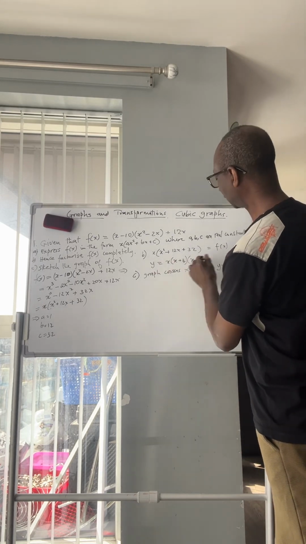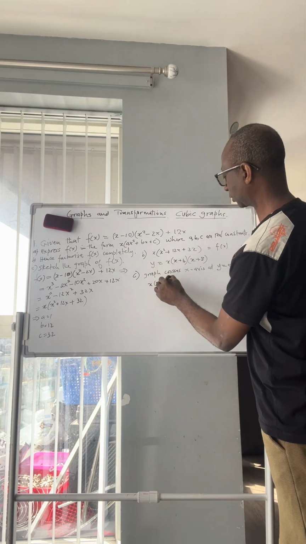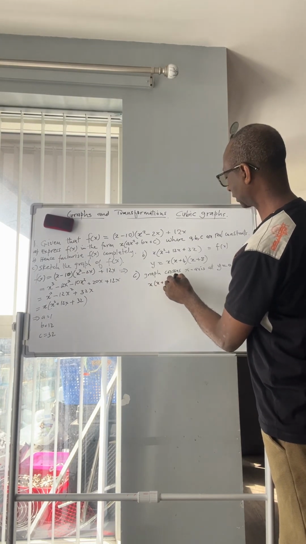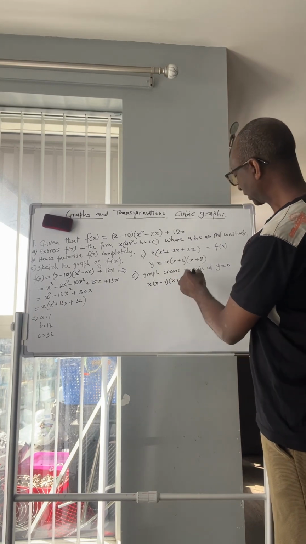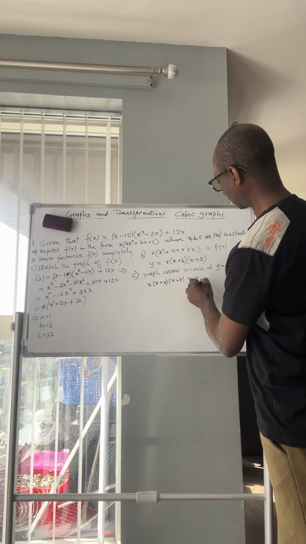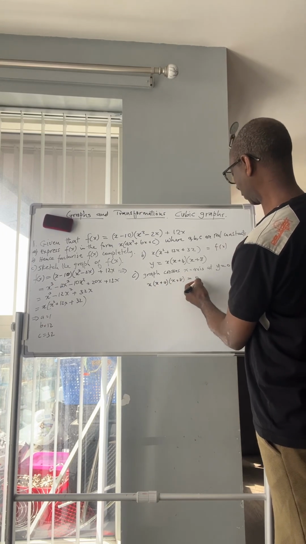So if you now put everything here, x into x plus 4 into x plus 8, all equal to 0, this implies that x equal to 0, x plus 4 equal to 0, x plus 8 equal to 0.